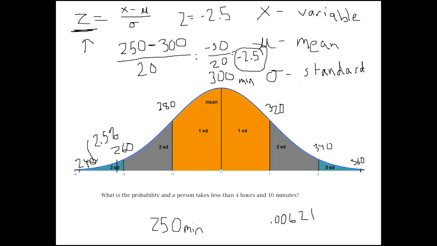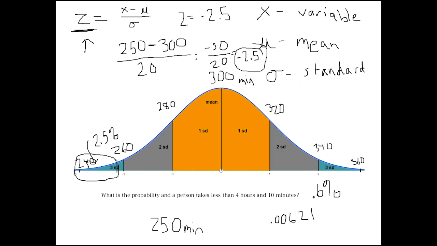What that means in this case is that about 0.6%, less than 1% of our data would be to the left of that z-score. That's what they were asking for. Who can run faster than that? So that's how we use this formula to then find out an exact percent of data.